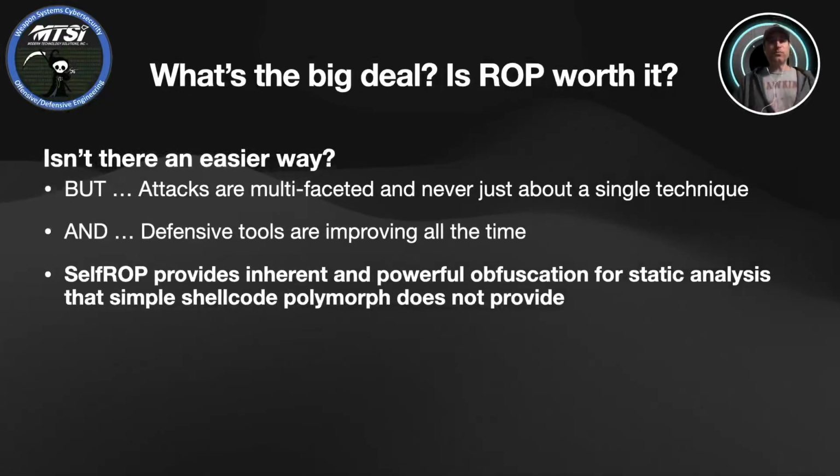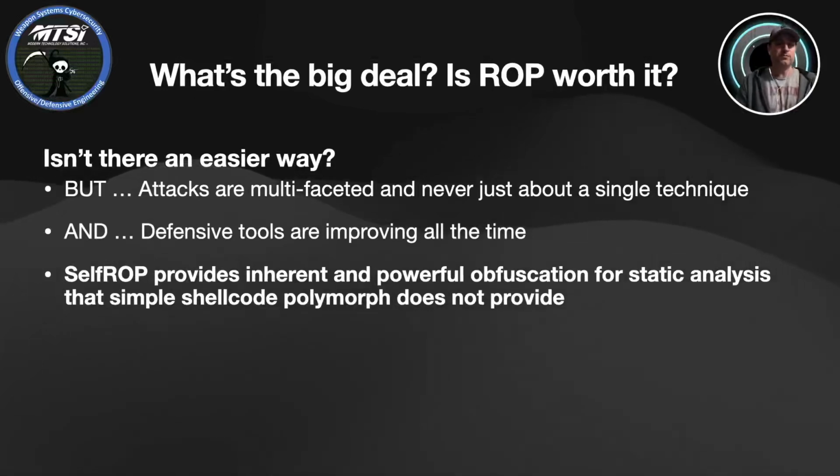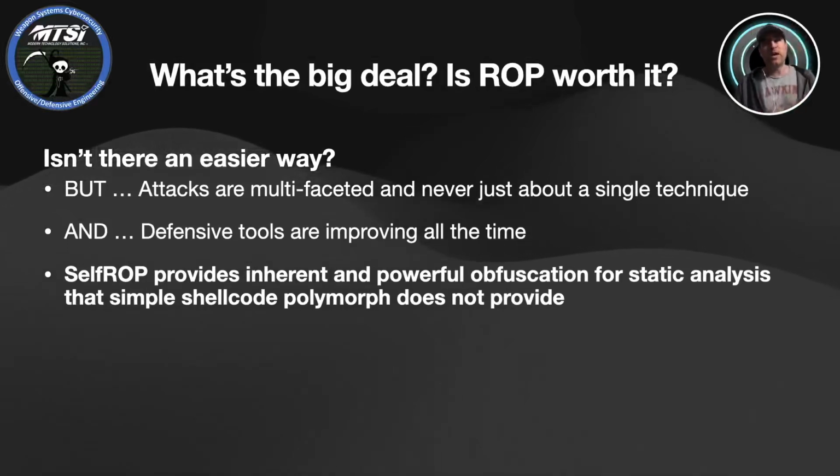So defensive tools are improving all the time. Self-ROP really gives inherent and powerful obfuscation for static analysis that the simple shellcode polymorphism does not provide. You have a much deeper level way of hiding the true intent of a program from a static analysis standpoint. We're not talking about dynamic, but from a static analysis, it really does hide it much better than just trying to do alteration of bytes in shellcode.